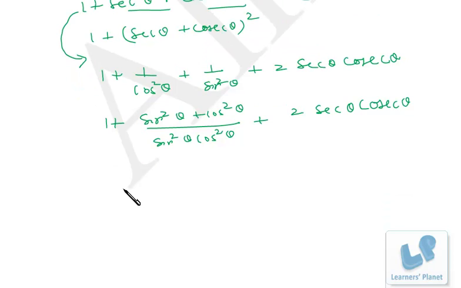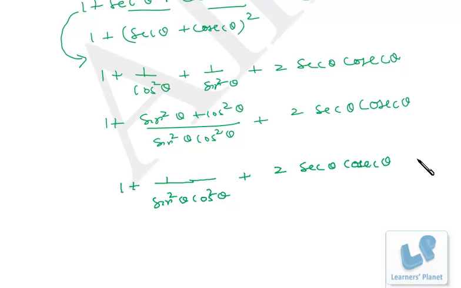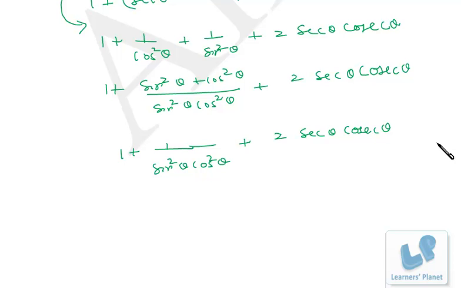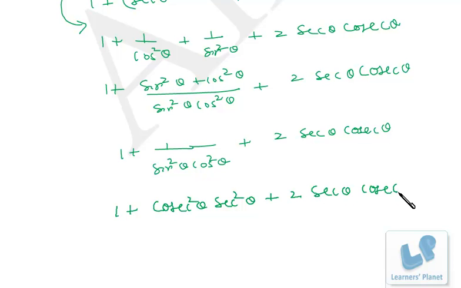Now further it is 1 plus, this is 1 upon sin square theta cos square theta plus 2 sec theta cosec theta. Sin square theta plus cos square theta is 1. Now this is 1 plus 1 upon sin square theta is cosec square theta, and 1 upon cos square theta is sec square theta plus 2 sec theta cosec theta, right?